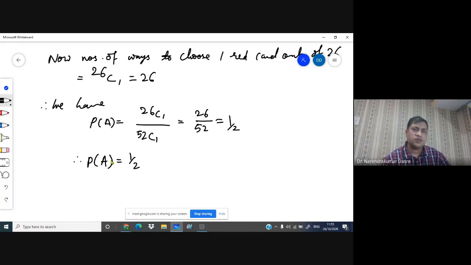That means the probability of choosing a red card from a well shuffled pack of 52 cards is half.